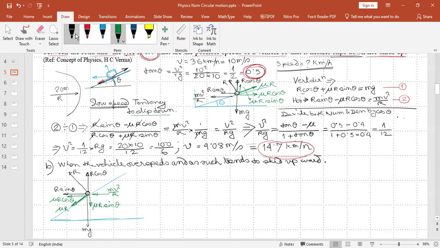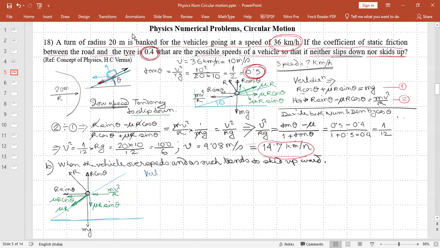If you solve the vertical forces, you find vertical is R cos theta, minus there is a downward force mu R sin theta.